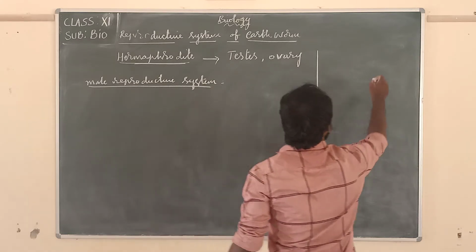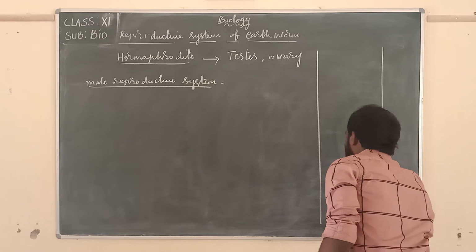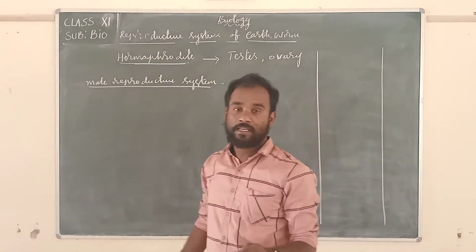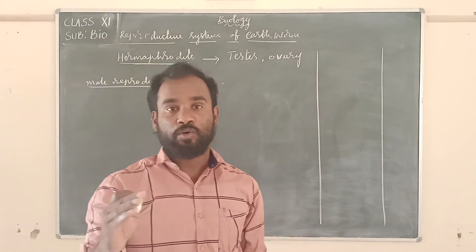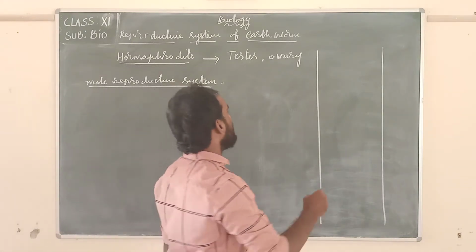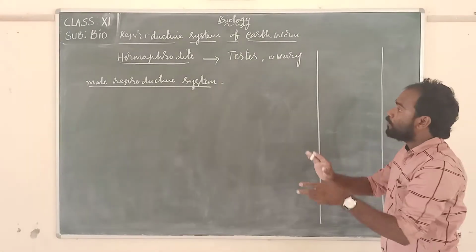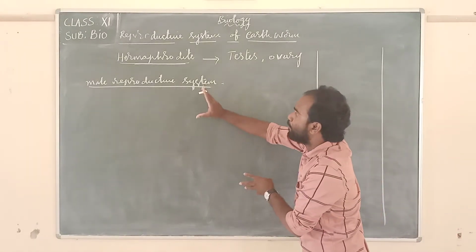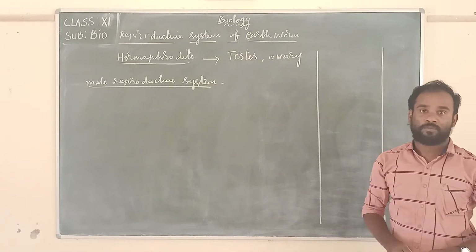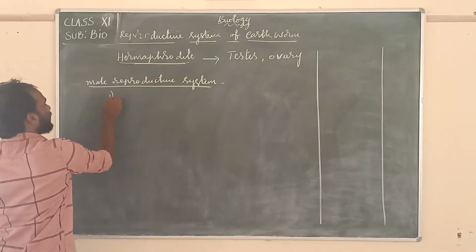We already know the earthworm body is divided into many segments, approximately 100 to 120 segments. This we already discussed. Now I am going to explain what are the parts present in the male reproductive system of earthworm.